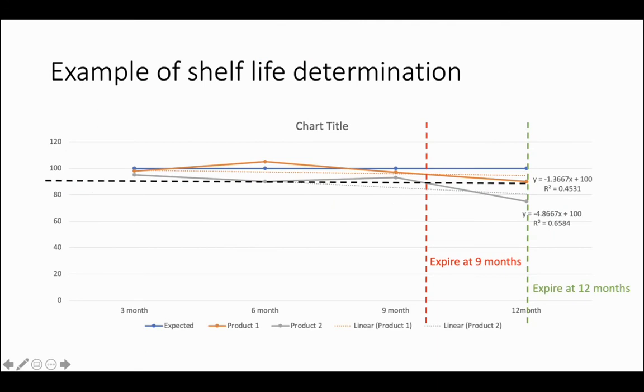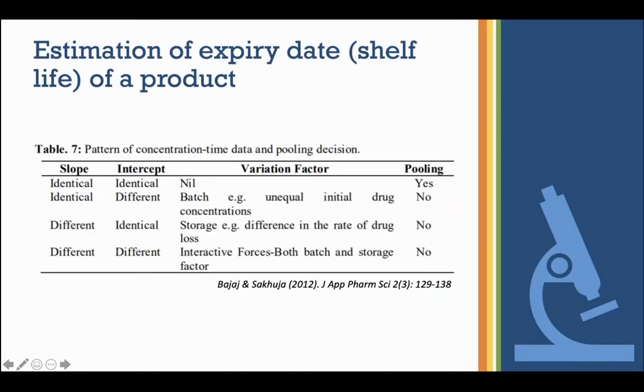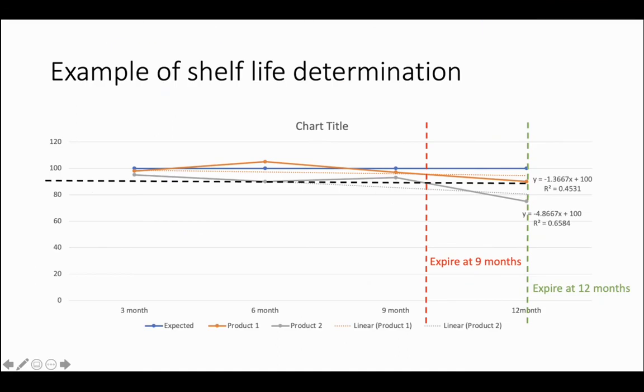But if you refer to this graph again, the intercepts are the same at 100, but the slopes are different. The slope of the product is different from the expected one. Hence, the factor that influences the product is the storage factor. And from this graph also, you would know the expiry date or the shelf life of the product.